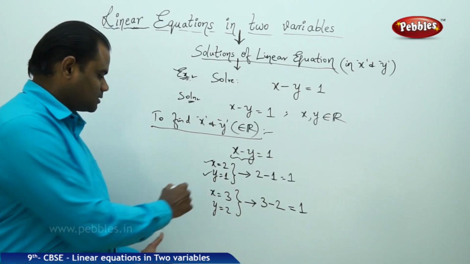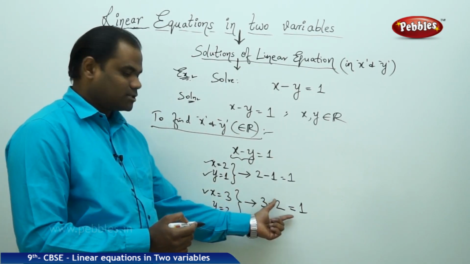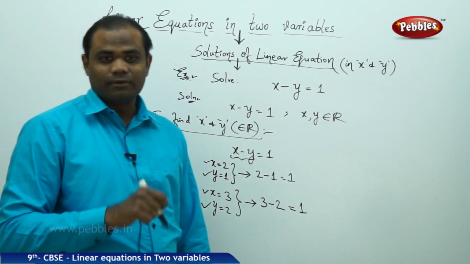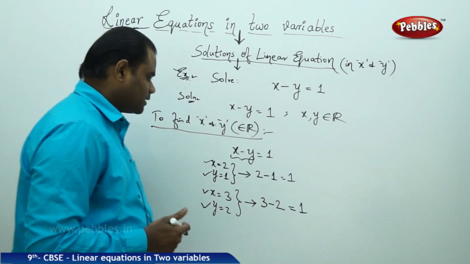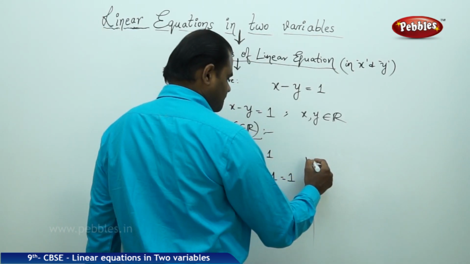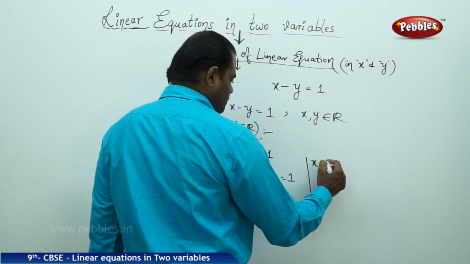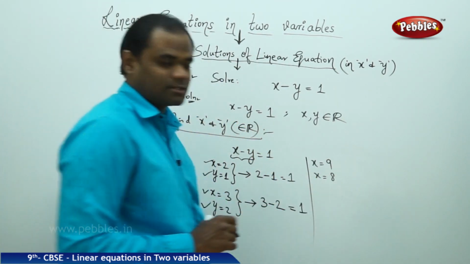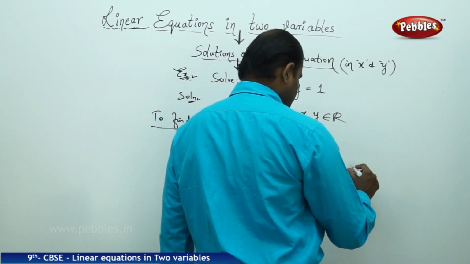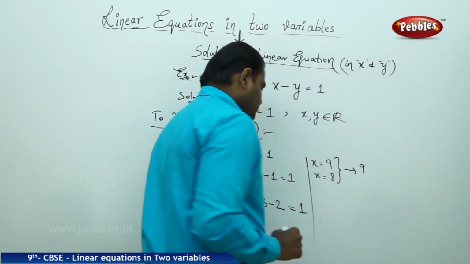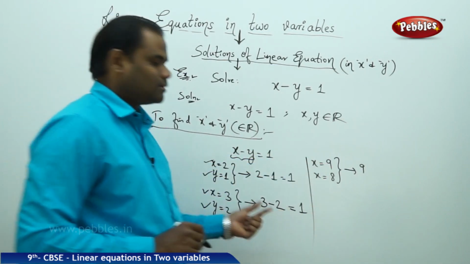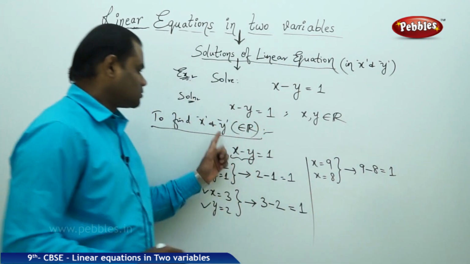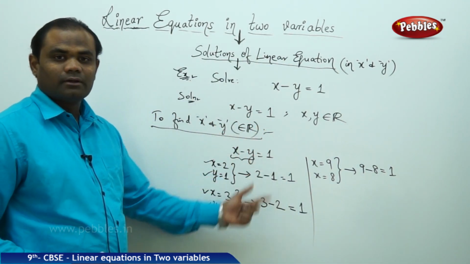Therefore, even this set, because it satisfies the given equation, is a solution set for the given equation. Let's try another example. x equals 9 and y equals 8, and let's see if this is a solution. Substituting x as 9 and y as 8, 9 minus 8 is 1. Therefore, this also satisfies the given linear equation.